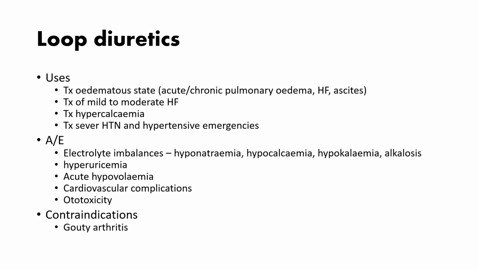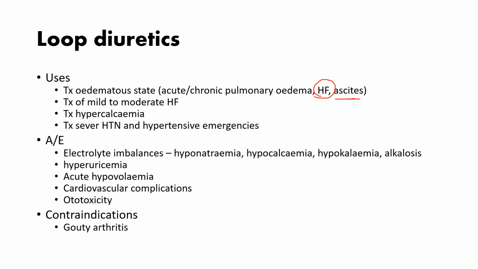Also because, as I said before, loop diuretics produce prostaglandins, which have vasodilatory action, and that can also relieve symptoms of shortness of breath in patients with pulmonary edema. And it's used in treating other oedematous states, such as in heart failure, ascites. Basically, if you have fluid buildup anywhere, you could use loop diuretics.